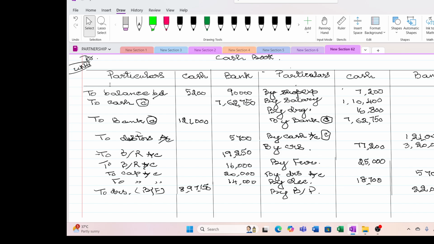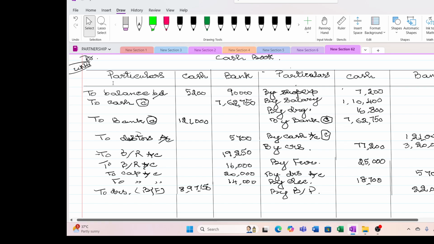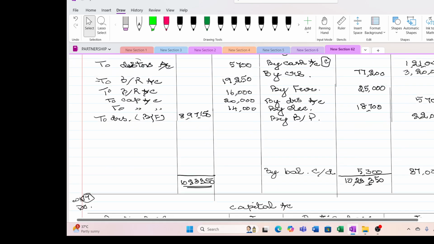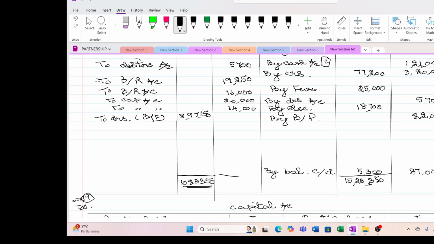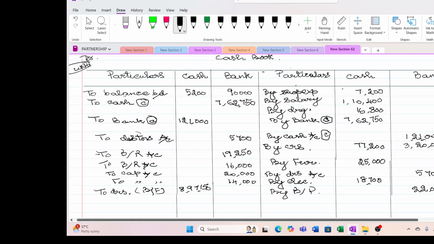So this comes to 9,27,700. So I'll copy this balance here, 9,27,700.